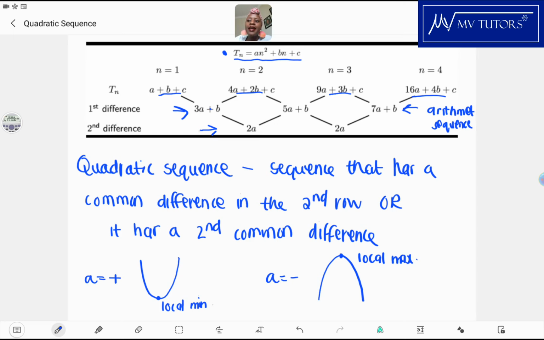Then you can get your second difference, and you see that your second difference is equal or is common. So that is why we say our quadratic sequence is a sequence that has a second common difference. So that is quite important.